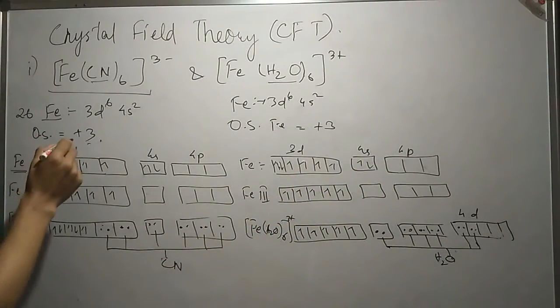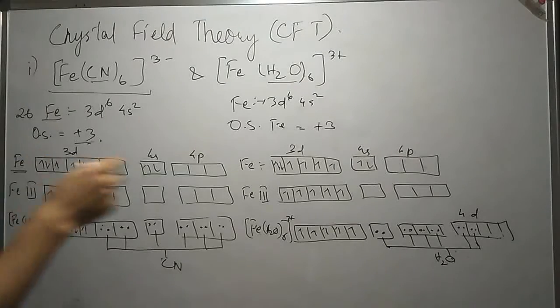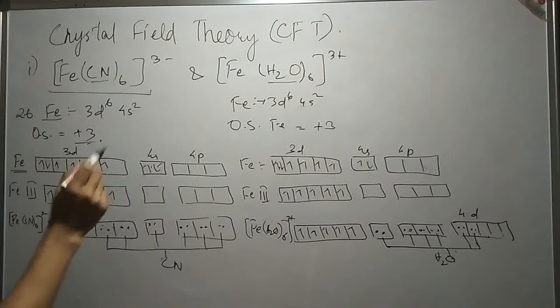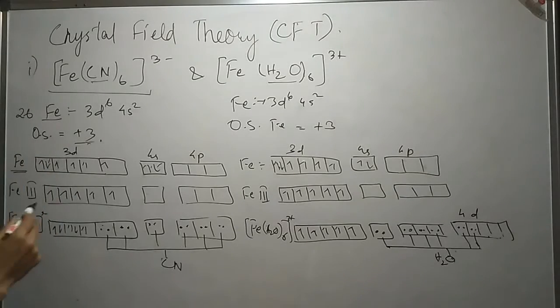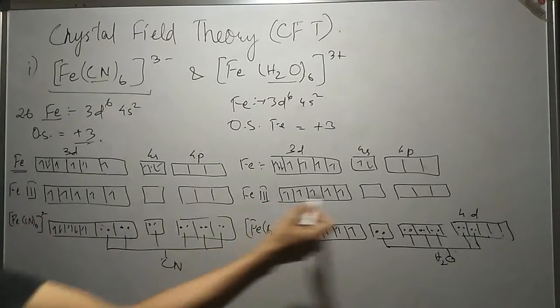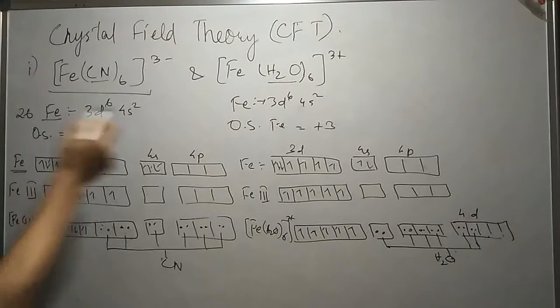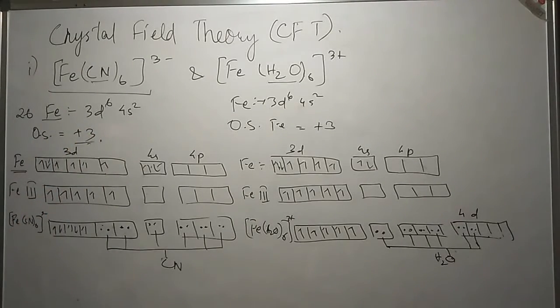Since the oxidation state is +3, 3 electrons will be removed. From here the paired electron is removed, therefore it becomes singly filled. 6 + 2 is 8, and if we remove 3 electrons, then only 5 electrons will be left.